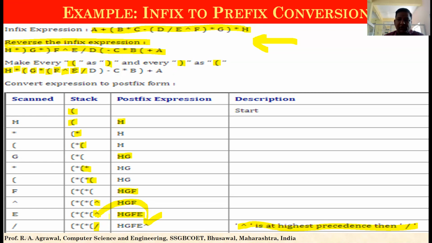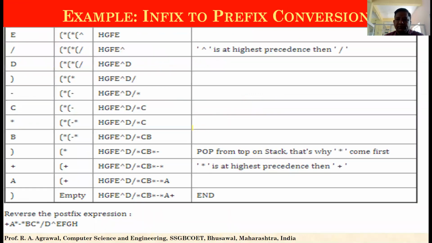Moving forward, in the next step you will check for E. E is an operand, so it will be added to the postfix expression.